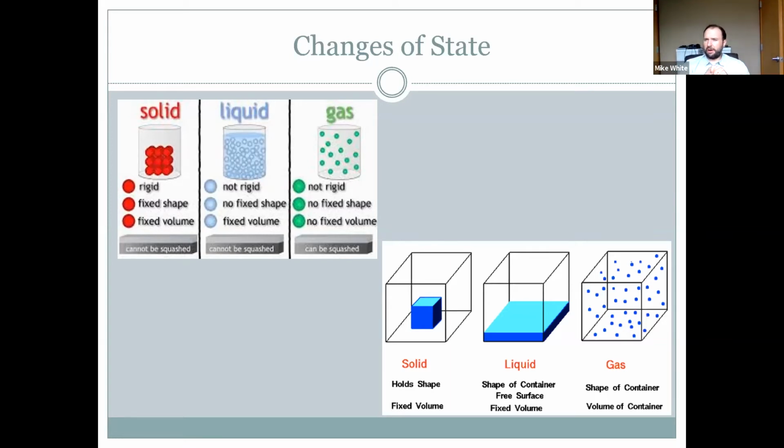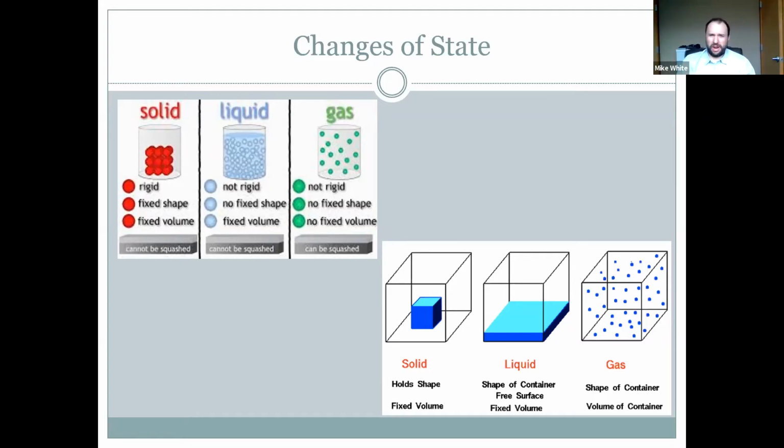They're definitely not rigid. So when we think of a gas, think of air, think of water vapor, think of any gas you can think of. When something is in a gaseous state, it's not rigid, it has no fixed shape. So the air we're breathing right now is the shape of the room, essentially.